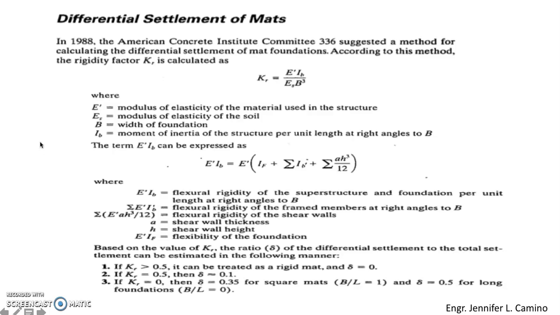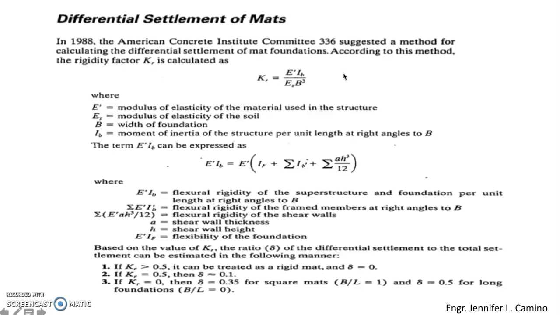Now we move on to the differential settlement of mats. In 1988, the American Concrete Institute Committee 336 suggested a method for calculating the differential settlement of mat foundation.